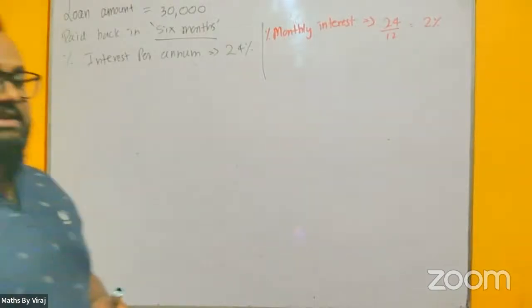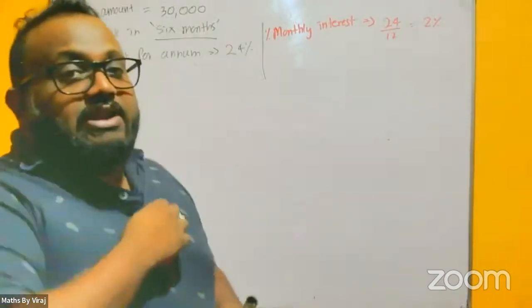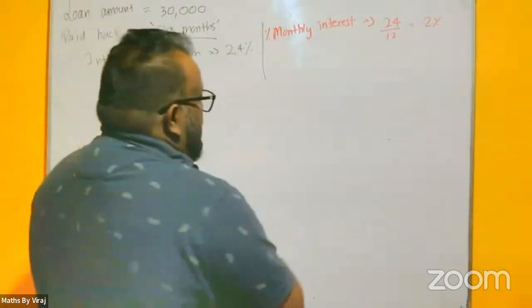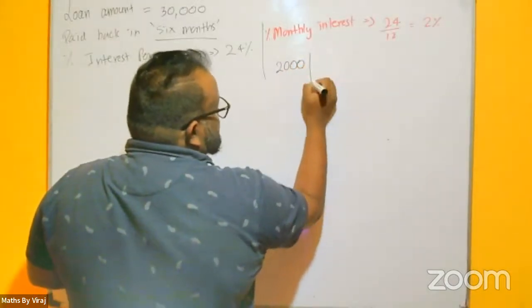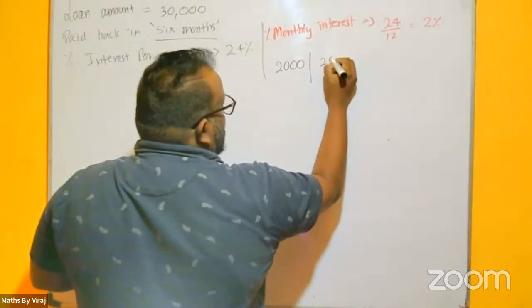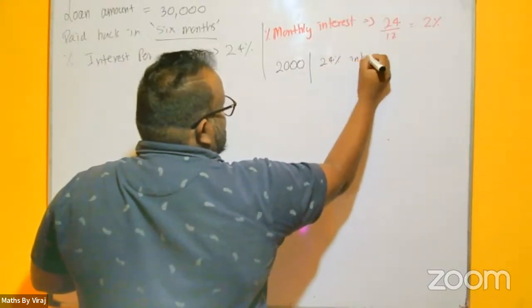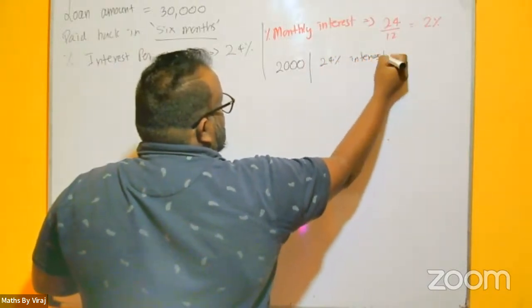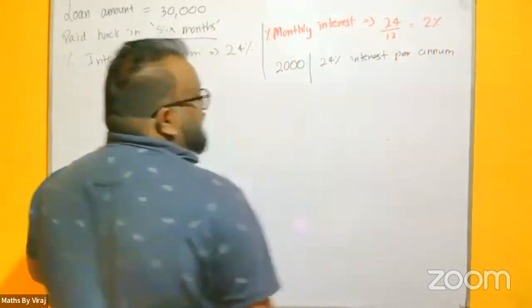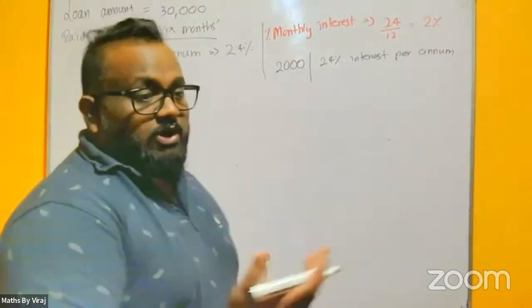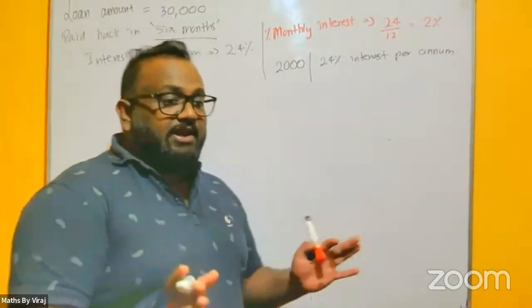Let's do a calculation and see whether we can actually get this answer right. Let's say I have 2,000 rupees and I have 24% interest per annum, right? If I deposit 2,000, I'm going to get 24% interest for a year.